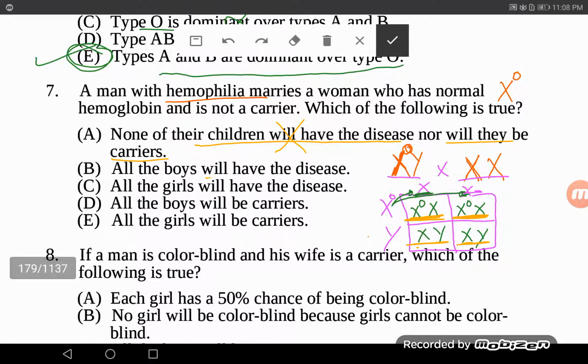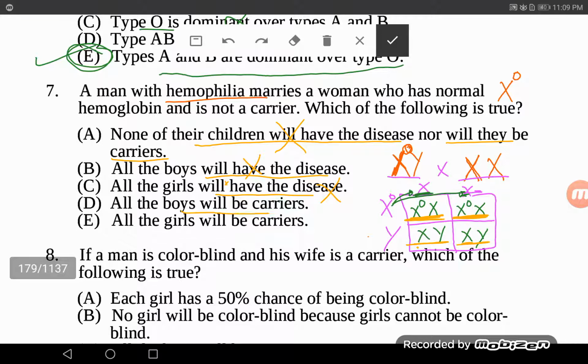All the boys will have the disease. As we can see, boys don't have that disease. All the girls will have the disease? The girls will not have the disease, they are just carrying it, so they are not showing any symptom. And this answer, C, is not true.